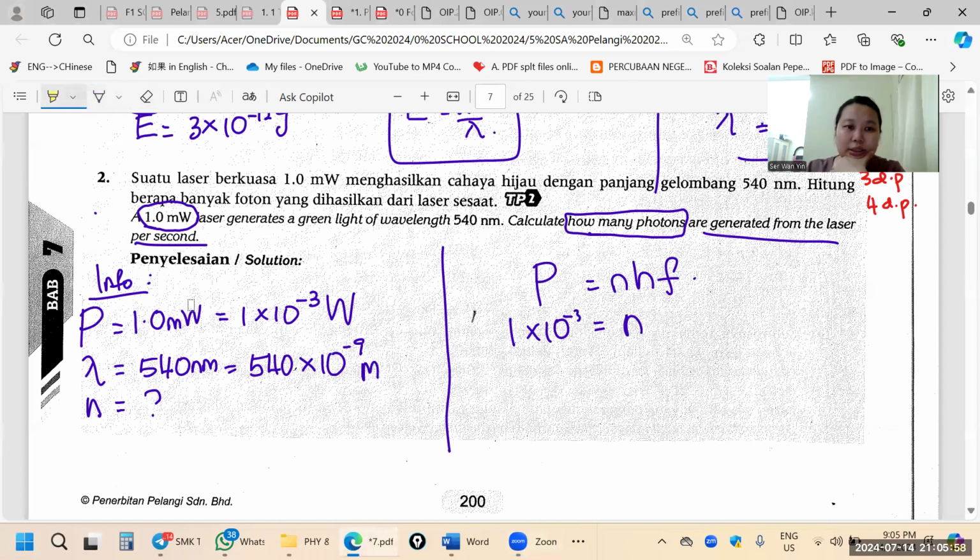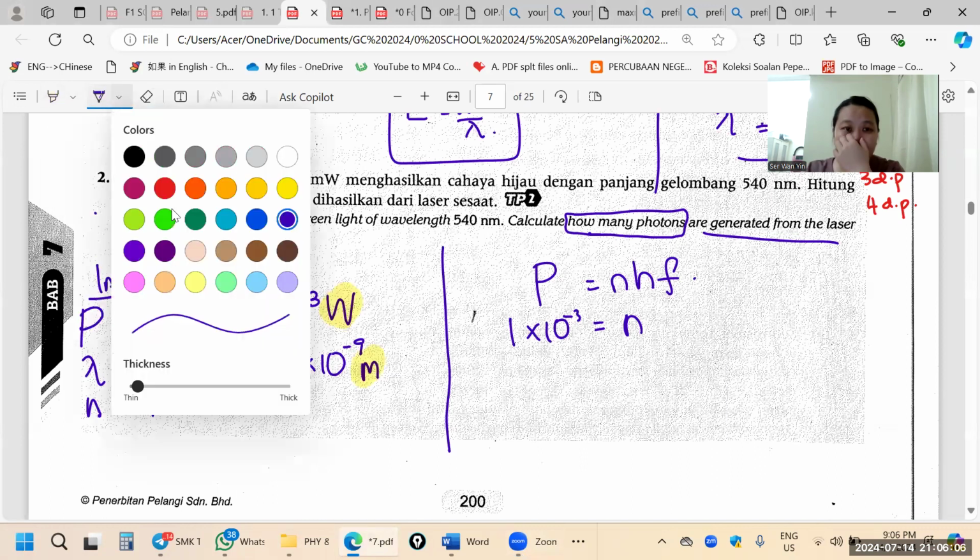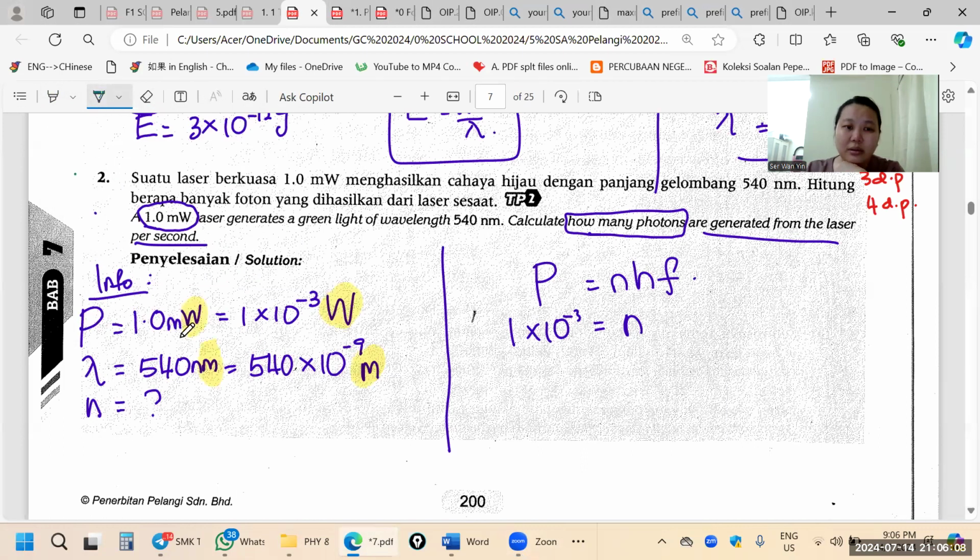Okay, so actually you need to be more sensitive. The yellow one is called the unit. In front of the unit, we call them the prefix, engineering prefix. So why do we have a prefix?